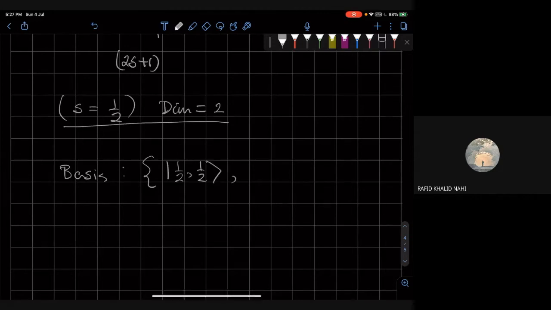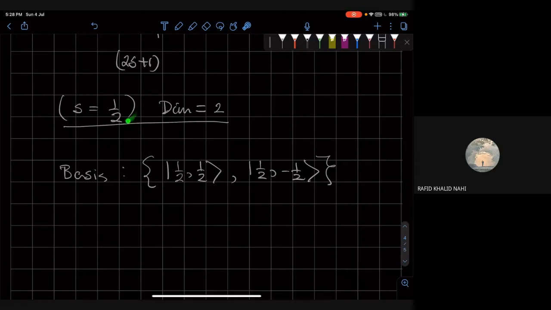If I apply the lowering operator, I will get S is half, M is minus half, right? But if I apply the lowering operator once again, I will get 0. If I apply the raising operator on the top state, I also get 0. So these are the only two basis vectors.